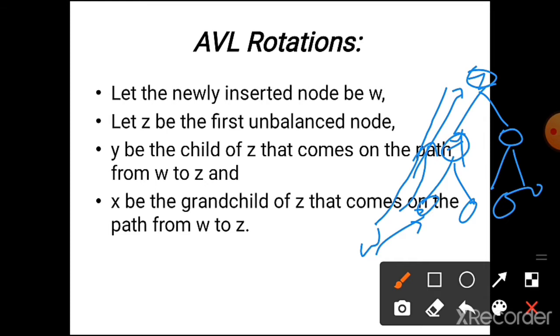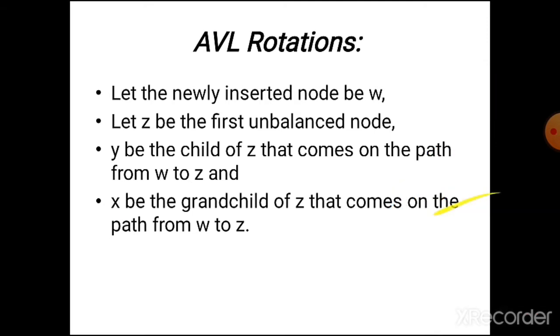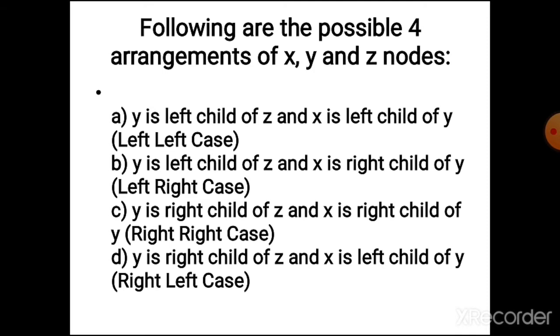Rebalance. Here we consider X. X is the grandchild of Z, or child of Y, that comes on the path from W to Z. This is an unbalanced tree, so we need to rebalance the tree by performing appropriate rotation on the subtree rooted with Z. There can be 4 possible cases that need to be handled, as X, Y and Z can be arranged in 4 ways.